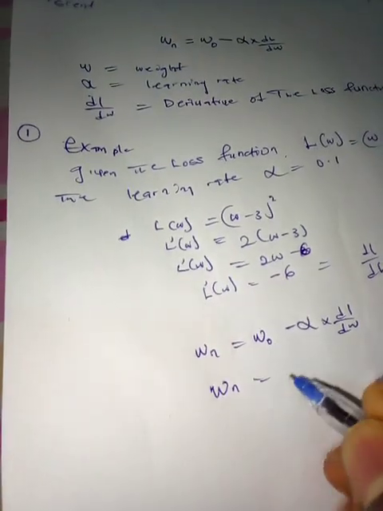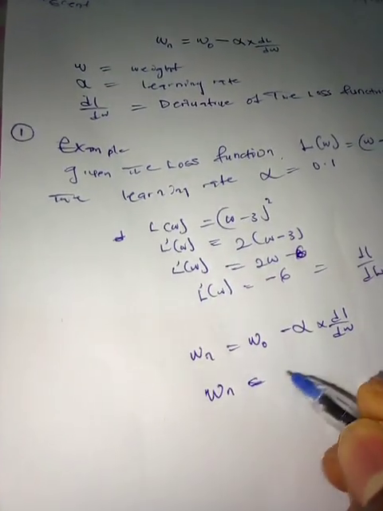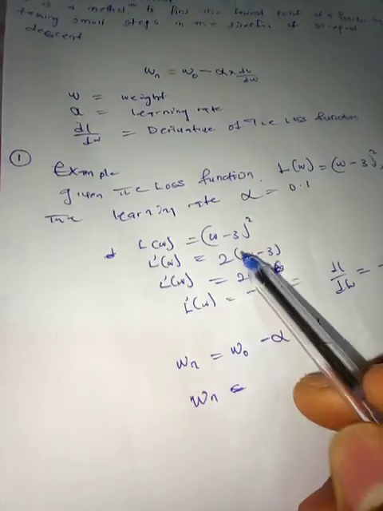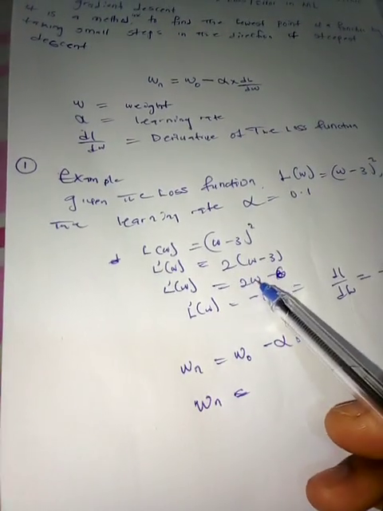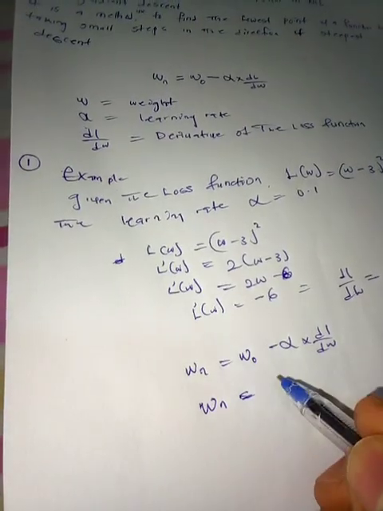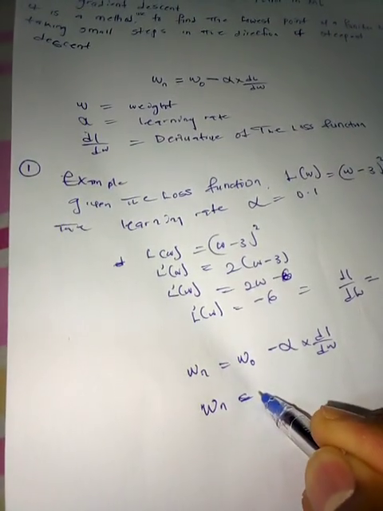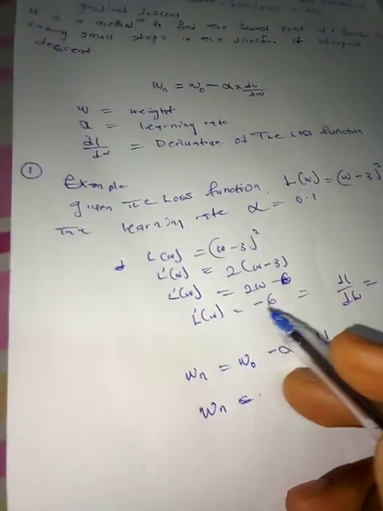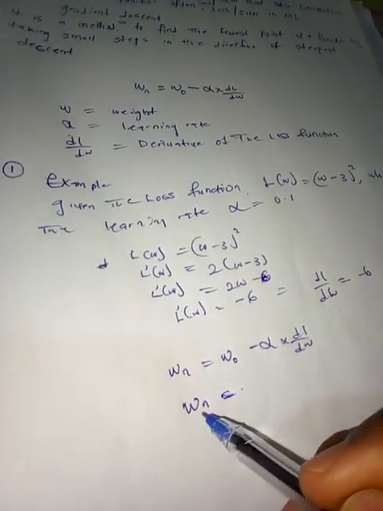W naught is 0 because it is not given. At this particular point, we substituted 0 into this equation, and that's why we got minus 6. So W is not given; remember, it's the old weight, and it was not given in the question. So we are looking for the new weight.